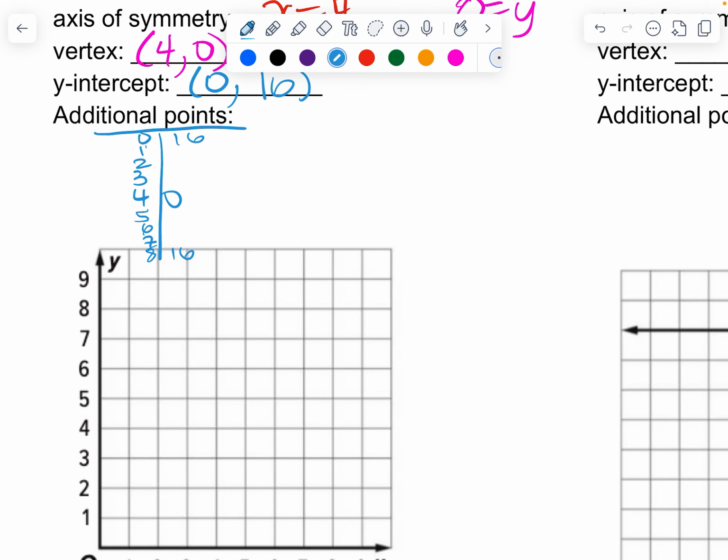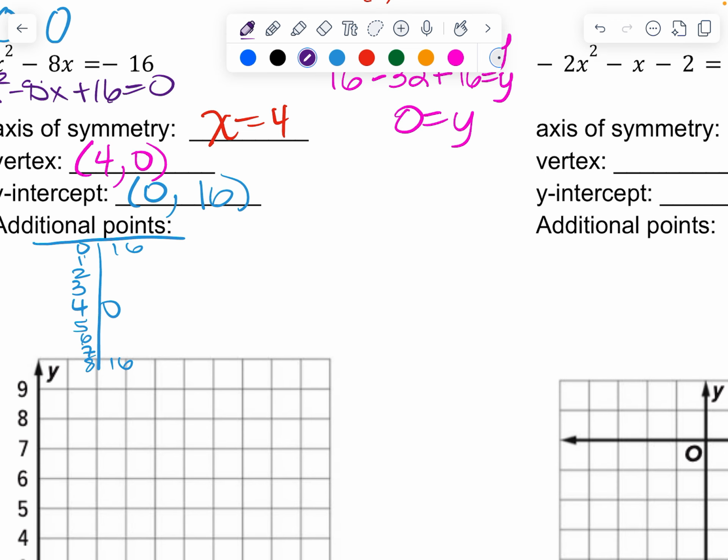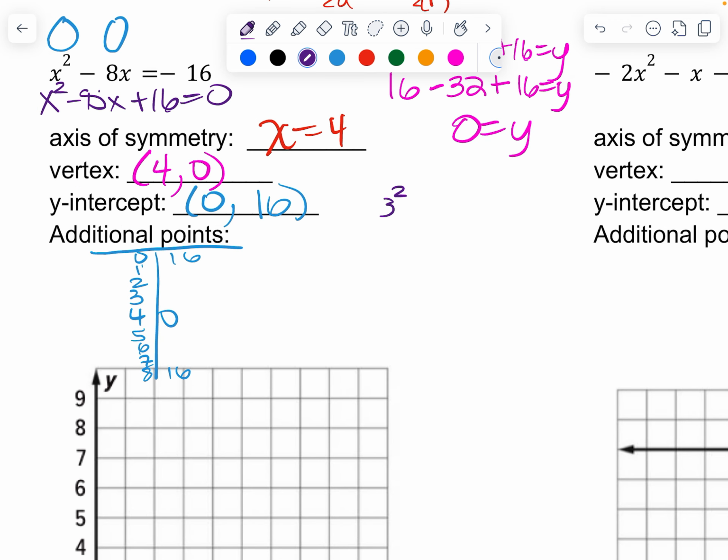Okay, if I plugged in 3, so 3 squared minus 8 times 3 plus 16 equals y. So 9 minus 24 plus 16 equals y. So that is going to be negative 15 plus 16.